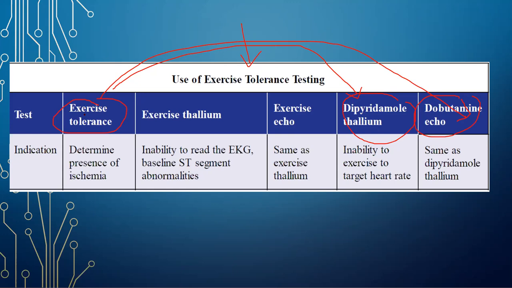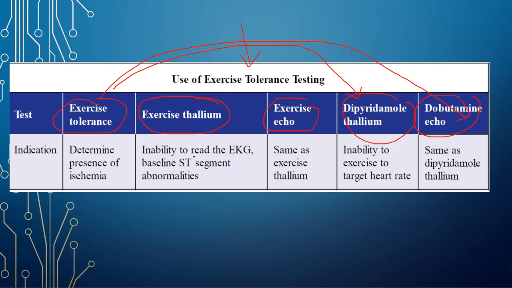What if there is an underlying ECG abnormality, like left bundle branch block? You cannot do ETT, you do an exercise thallium scan, or you can also do exercise echo. Clear, guys?